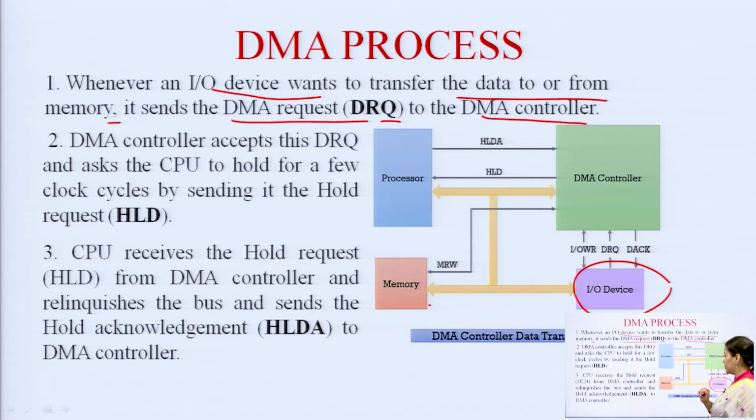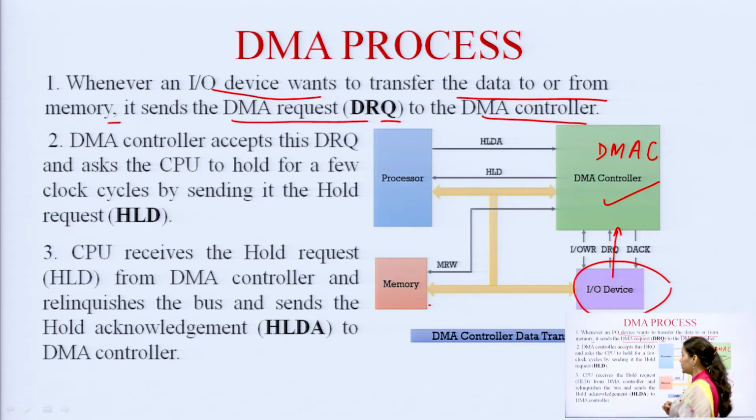So, what will happen? It will send the request to the DMA controller, this is the DMAC, through DRQ. So, DRQ is the signal line through which the request is sent from the input output device to the DMAC, that is the direct memory access controller.